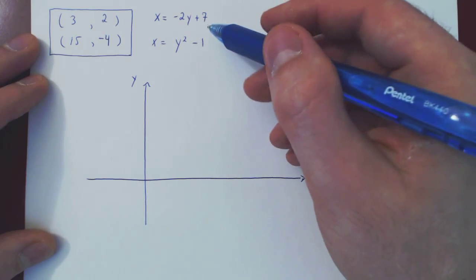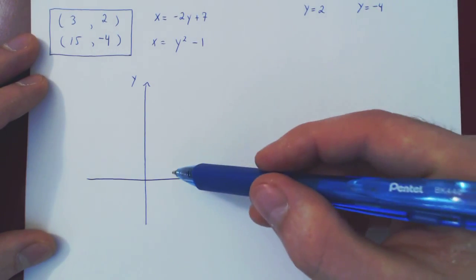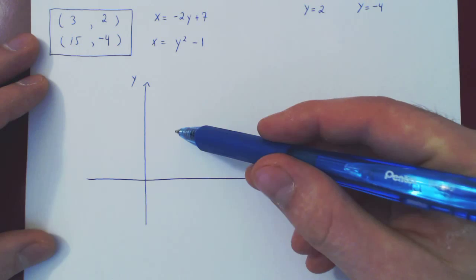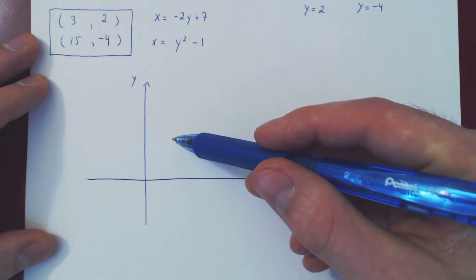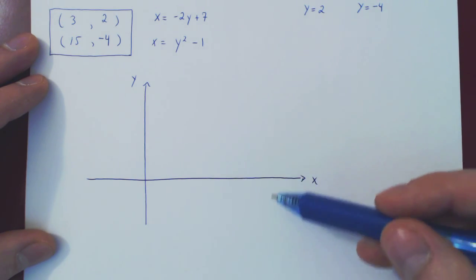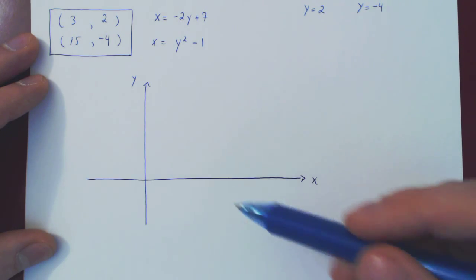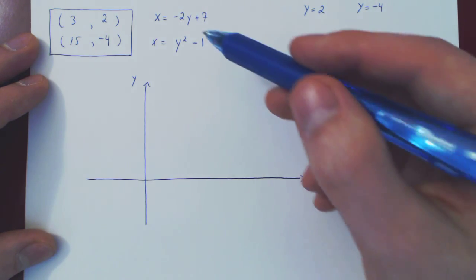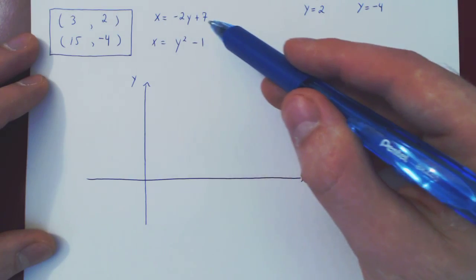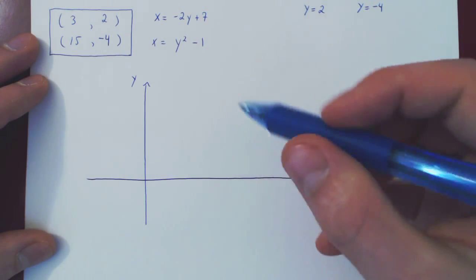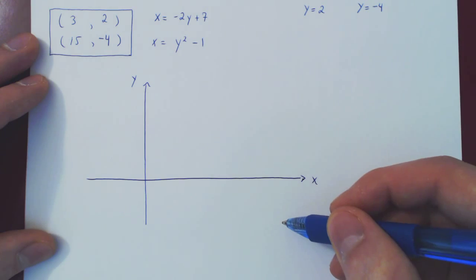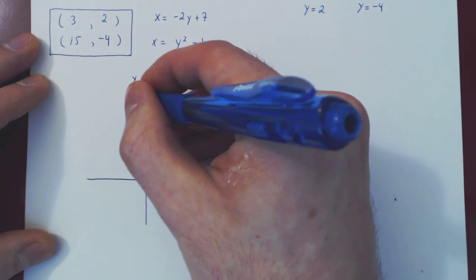So if you look at our points of intersection, we have the point x equals 3, y equals 2, so somewhere here. And then we have the point x equals 15, y equals negative 4, so somewhere here. Well, you can sketch the easier curve first. This is simply a line. It's a line of negative slope, and it passes through this point and this point. So it's going to look something like this.